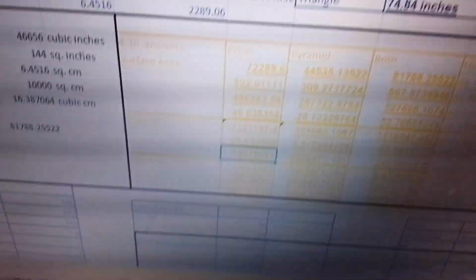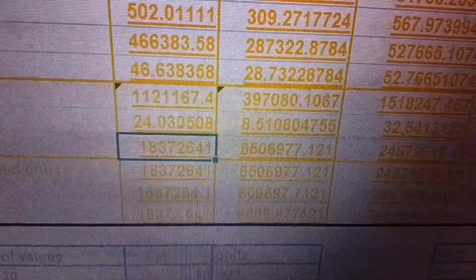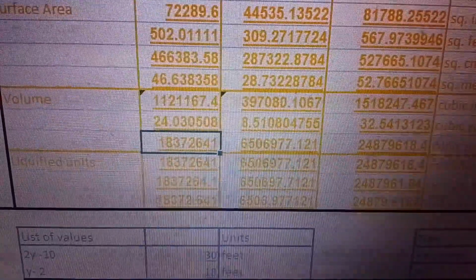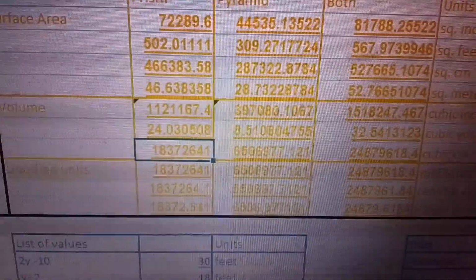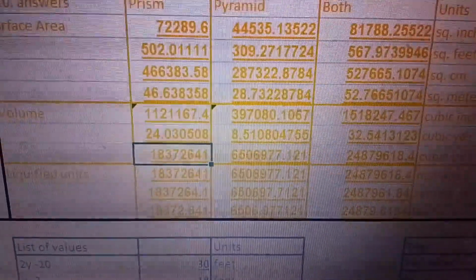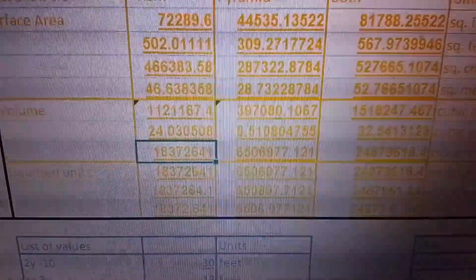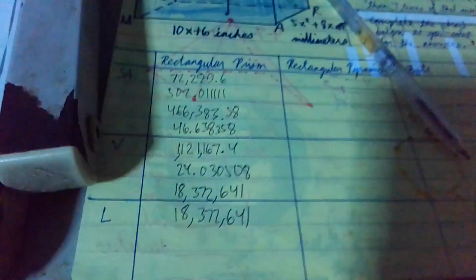You should get, wow, that's a large answer. 18,372,641. Wow, that's far. So that's the answer. Alright? That's the volume of the figure in cubic centimeters.